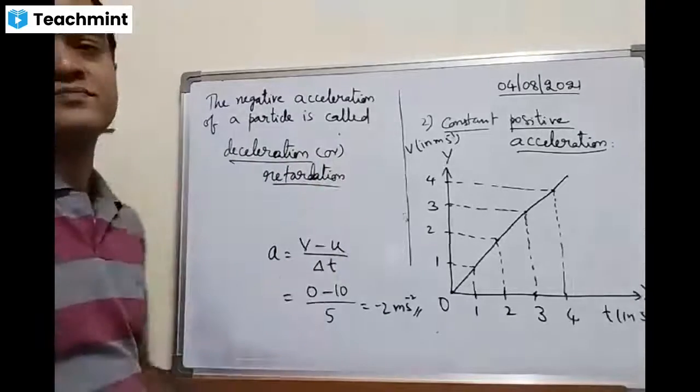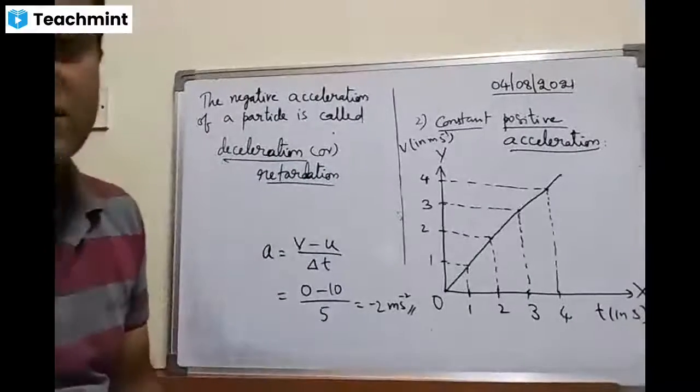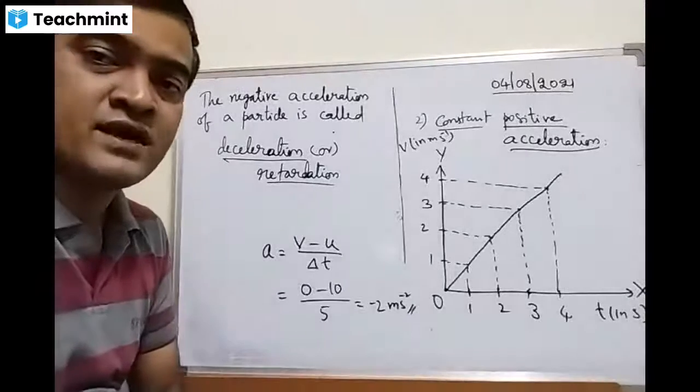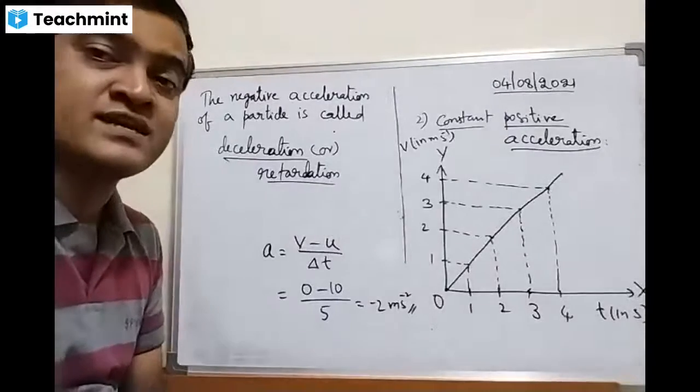Deceleration or retardation means that the speed of the particle along a straight line is getting decreased.